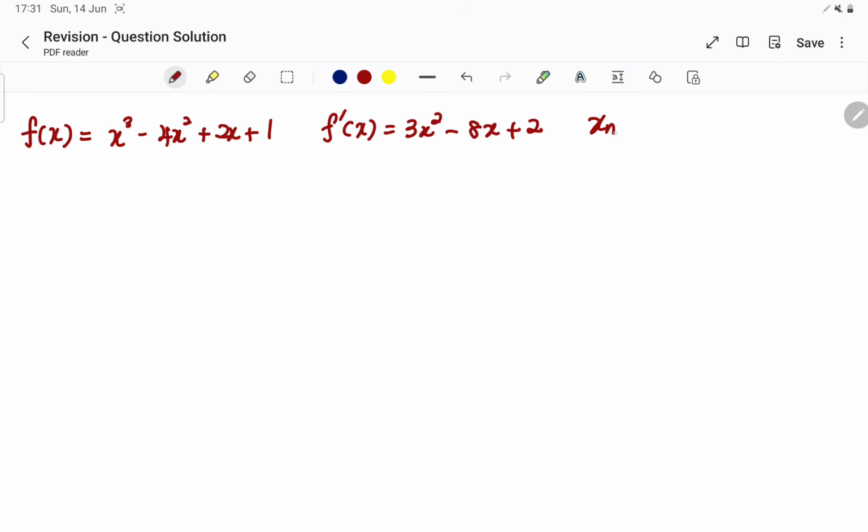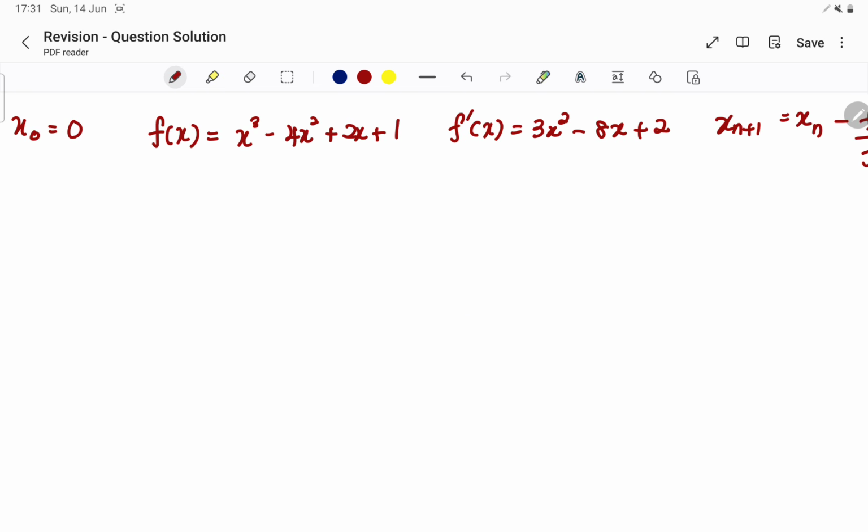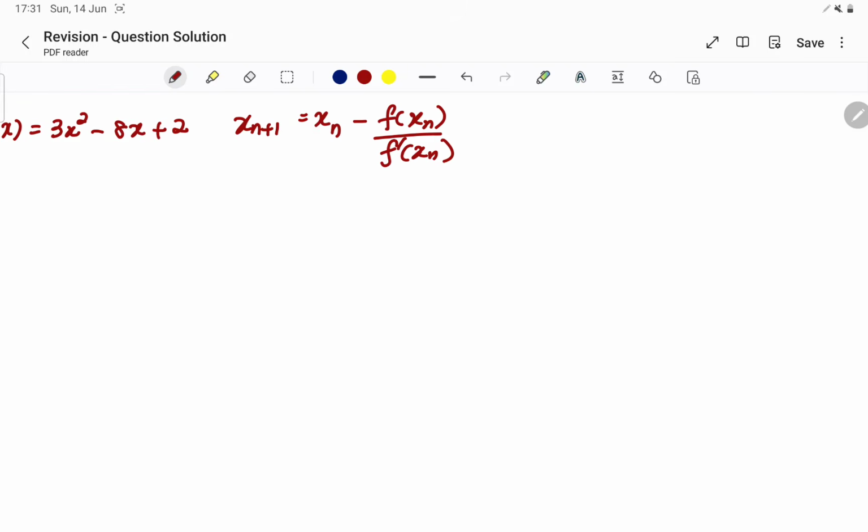Our formula is x(n+1) equal to xn minus f(xn) divided by f prime of xn. Then you have to keep substituting inside this formula, and you stop when two successive approximations have equal value.